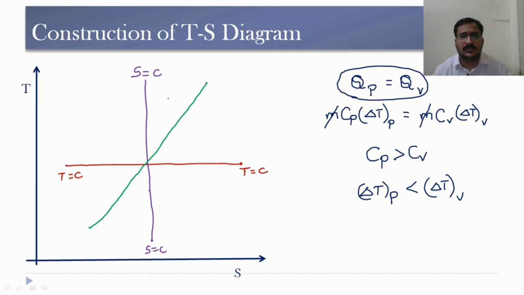So, this is the constant volume process, and when we consider the constant pressure process, it will be like this. So, pressure is constant here, and this is where volume is constant.